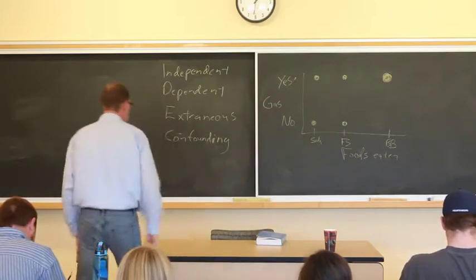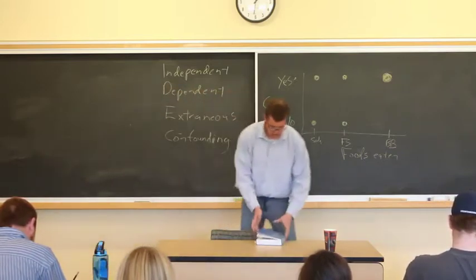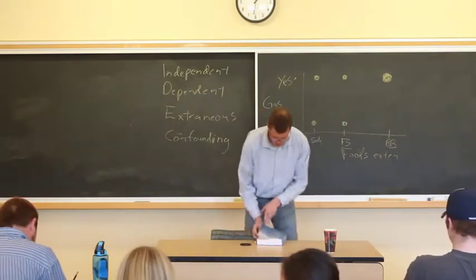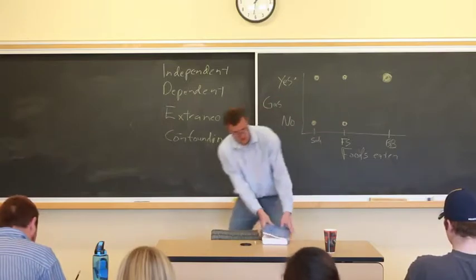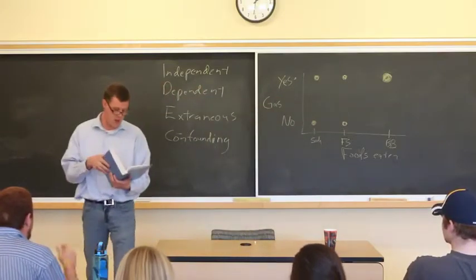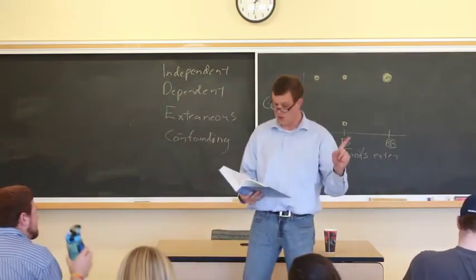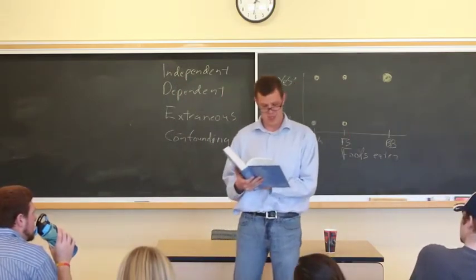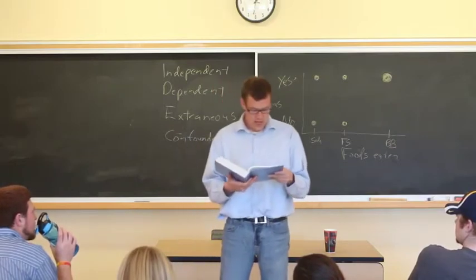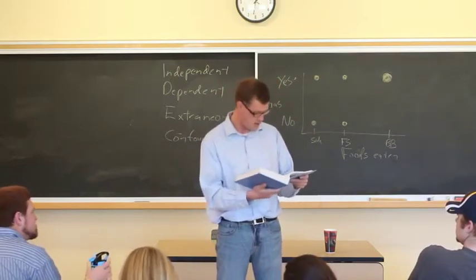So let's take a look at this book, Applied Multiple Regression/Correlation Analysis for the Behavioral Sciences. This book comes from the course in graduate school that I missed, the test tube. And so it asks, what is a cause?